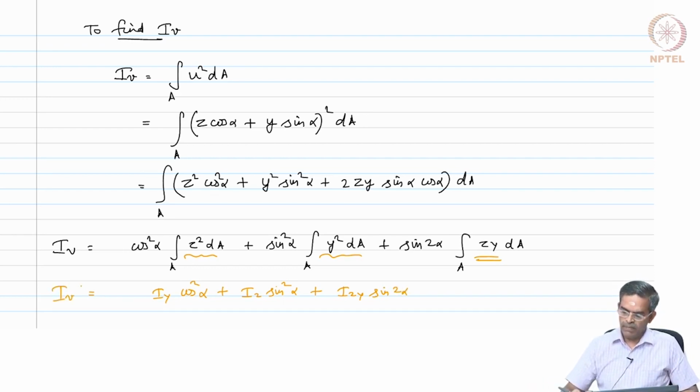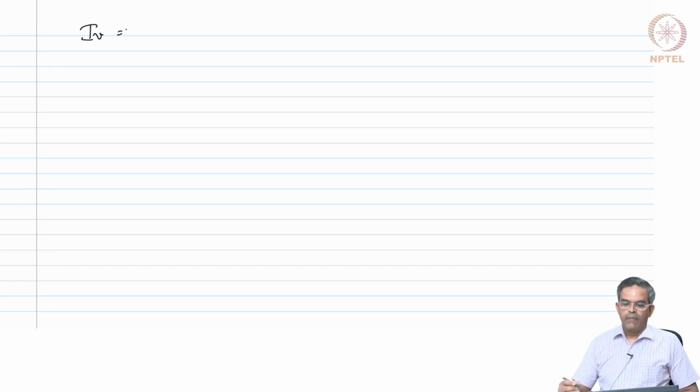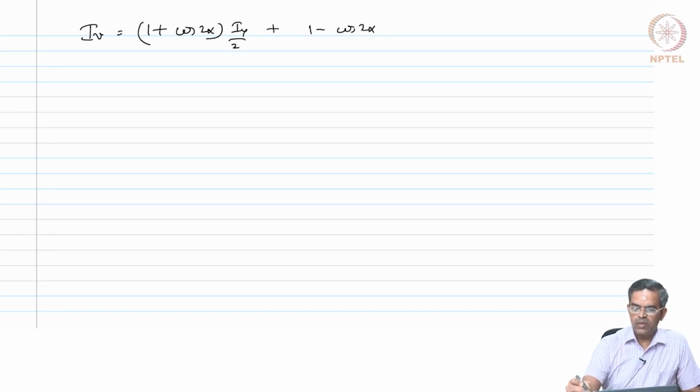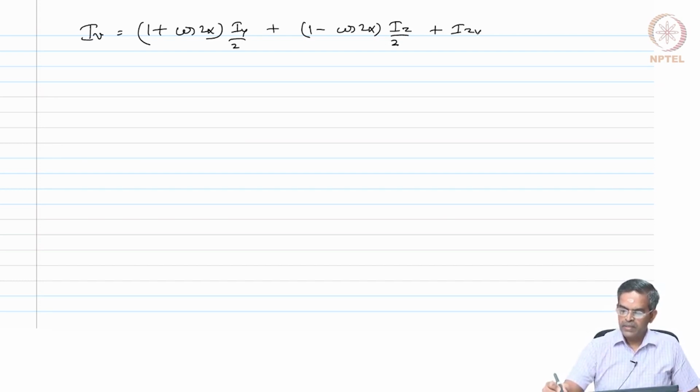Now, let us take this IV and expand it, because we have the substitution. So, now IV is expanded as (1 plus cos 2 alpha) into Iy by 2 plus (1 minus cos 2 alpha) into Iz by 2 plus Izy sin 2 alpha.